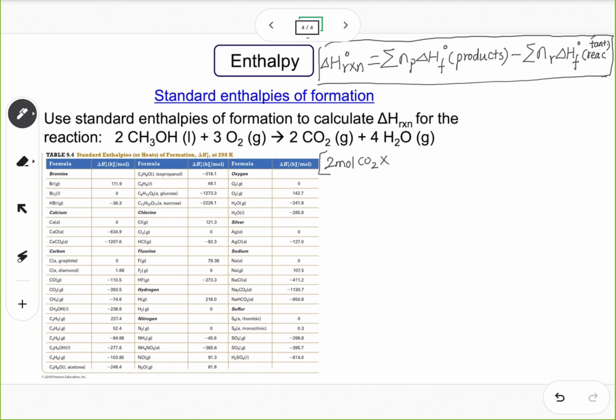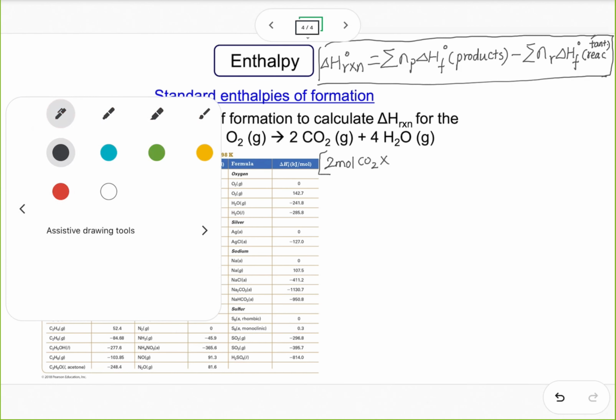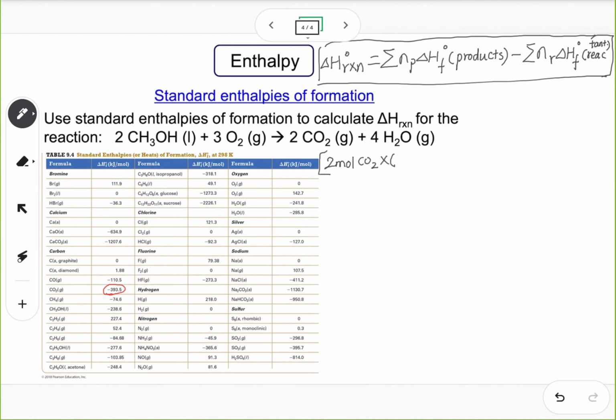I'll use red color to highlight carbon dioxide right here, okay? All right, now that is negative 393.5 kilojoule per mole. This is the first product.